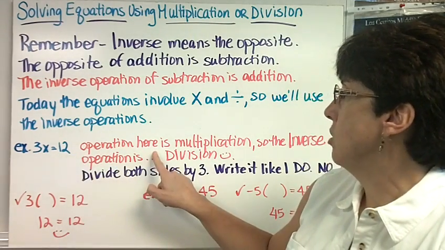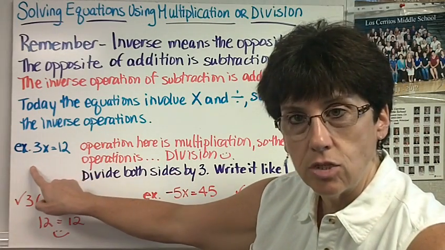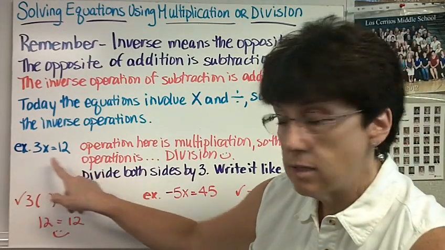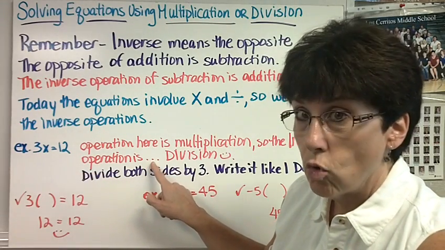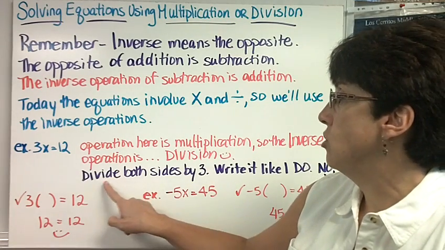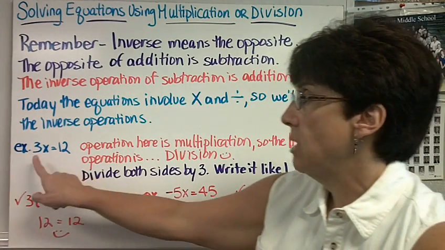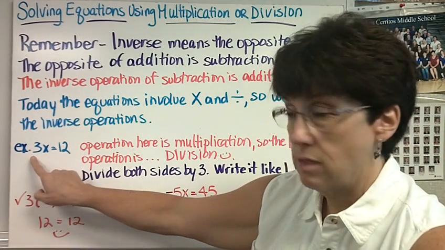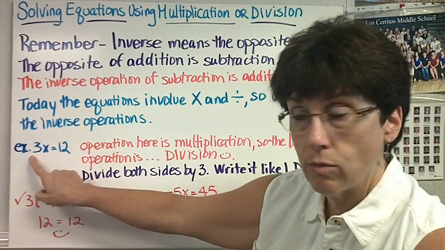So the operation here is multiplication because this is 3 times x. So the inverse operation is, it's like a drum roll, division, okay? So we are going to divide both sides by 3 because this says 3 times x, so the opposite of 3 times x would be divide by 3.